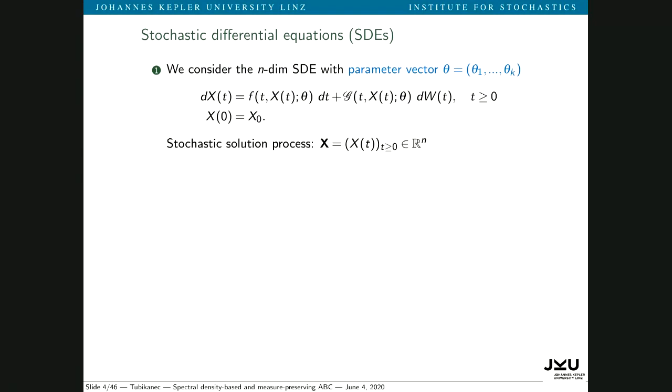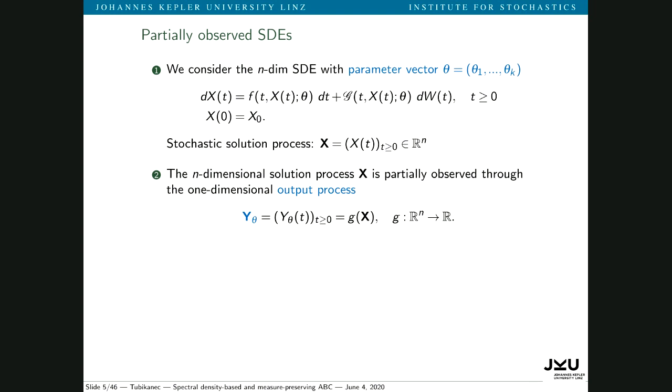We assume to have a setting which is well defined, to have drift and diffusion coefficients, which fulfill everything that is needed for having the existence and uniqueness of a solution process that we call X. And then we look at the challenging situation where this n-dimensional process can be only observed through a one-dimensional process that we call the output process. And this process is obtained as a function of the coordinates of X.